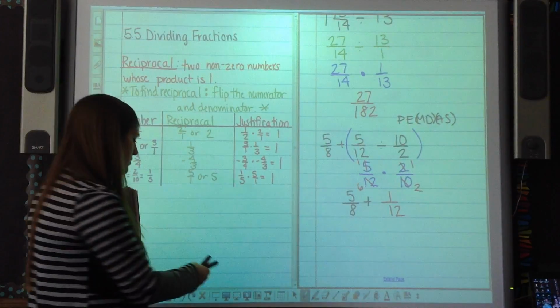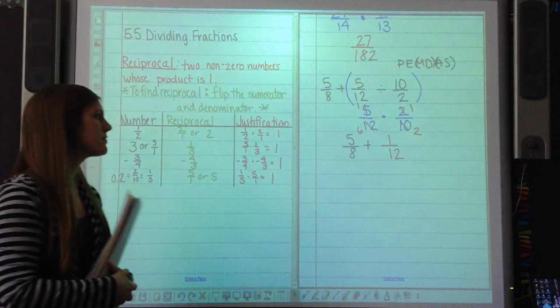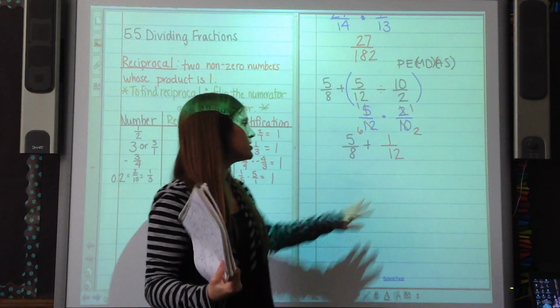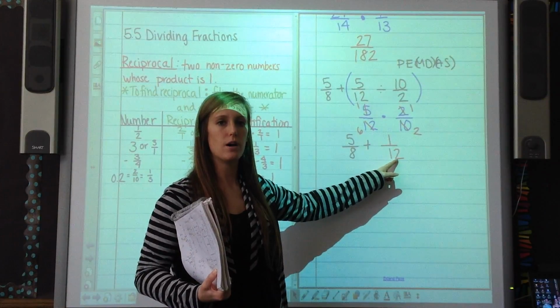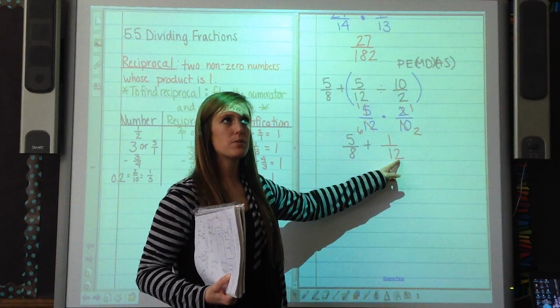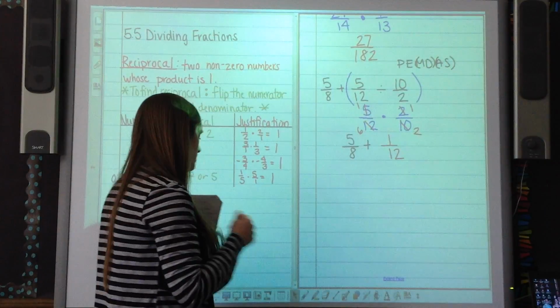Okay, now I only have one step left, and that is addition. So I'm going to have to find a common denominator. A method to do this is to take the bigger denominator and start going through the multiples of it until 8 goes into it. So 8 does not go into 12. 12 times 2 is 24. 8 goes into 24 3 times.